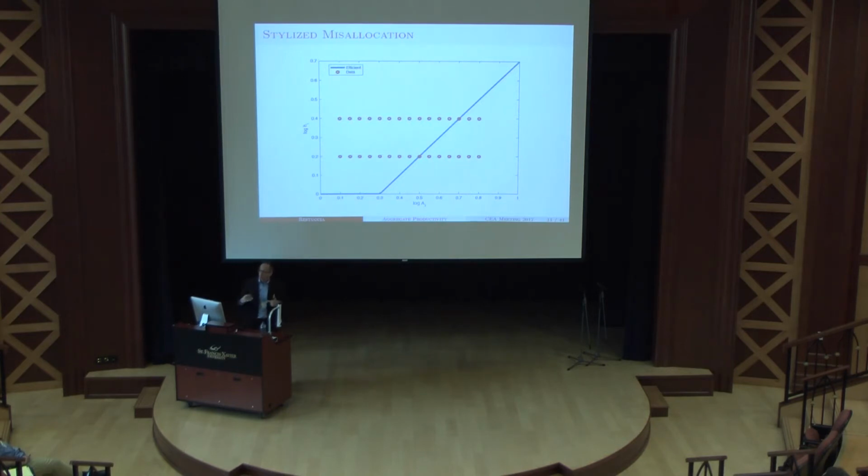So what we can see is that one type of misallocation that we're going to have in this economy is the fact that whereas in the efficient allocation all establishments should be of the same size, what we have is systematically establishments of different size. And this is what we call misallocation within productivity types. It's going to be important in characterizing the data because there's a lot of evidence that things like this happen.